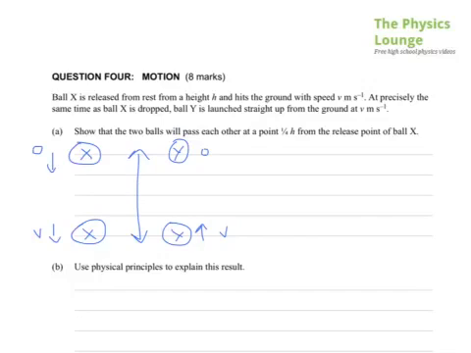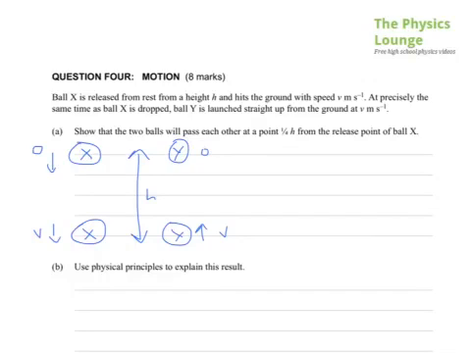Both travel a distance of h. And so what we've got here are two exactly identical paths. The only difference is one runs in reverse with respect to the other. So they're exactly identical, so there's possibly going to be some symmetry things we can use to help our questions and answers.